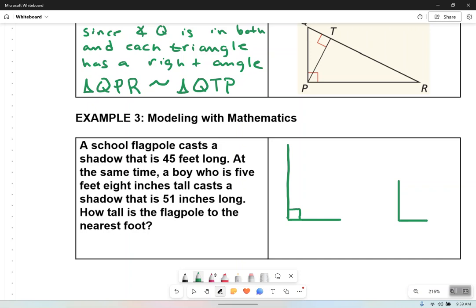Now I've got to be careful on this right here. Okay. Call this the flagpole up here, and this the person right here. Okay, do we know the height of the flagpole?